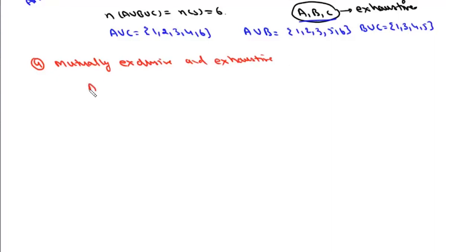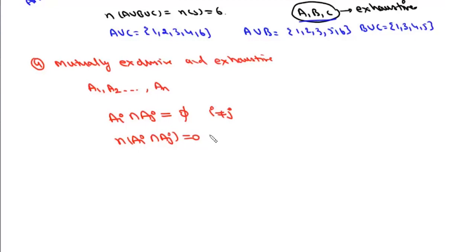Now the events A1, A2 and AN are said to be mutually exclusive and exhaustive if each pair of events has nothing in common. That means AI intersection AJ must be phi for all I not equal to J. That means n of AI intersection AJ should be 0. And also, A1 union A2 union AN must be equal to the sample space.